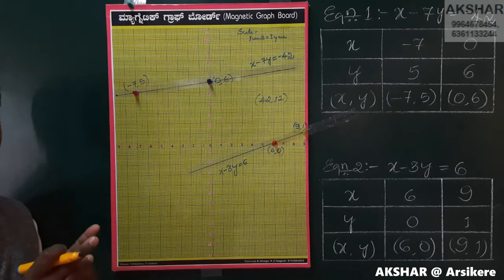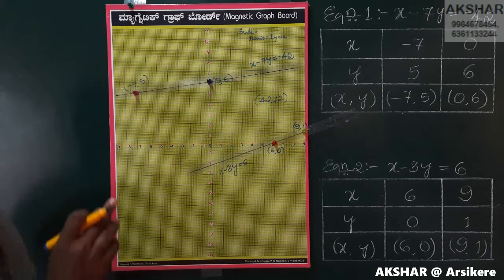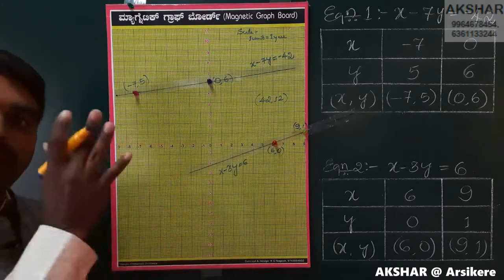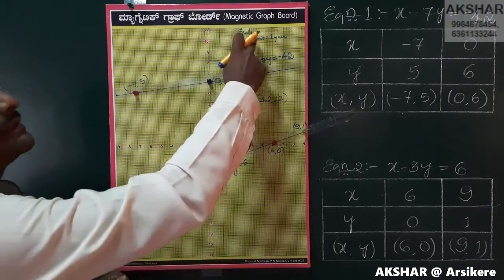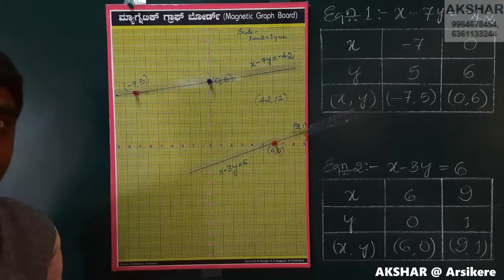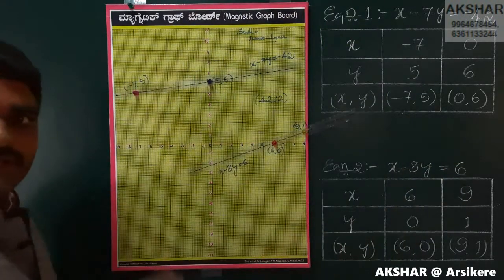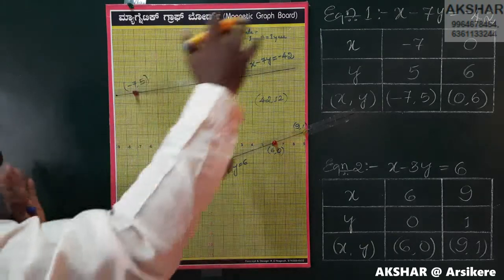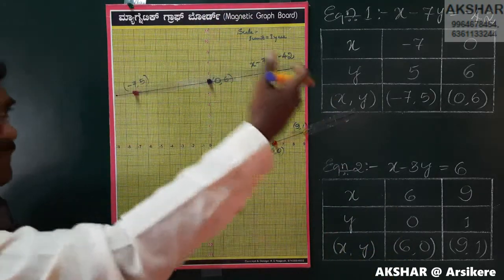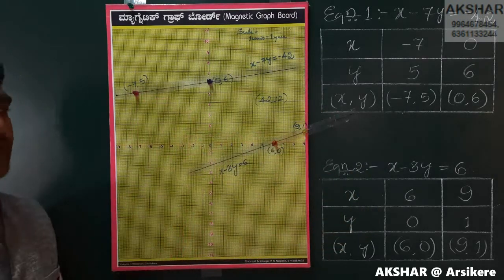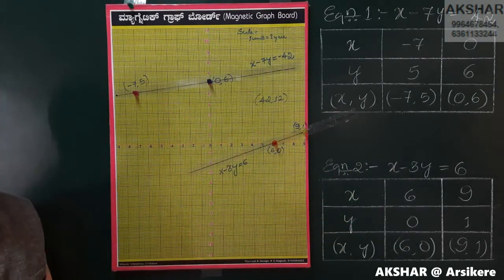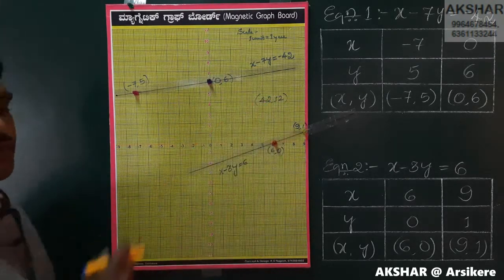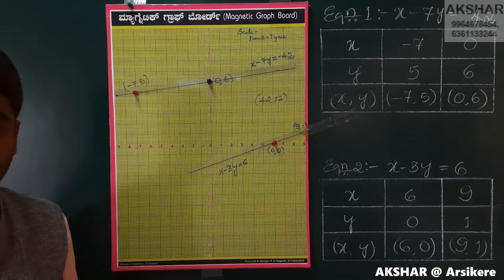Try it at home, my dear children. Draw the graph as it is, practice it, and then change the scale, or else take a big graph sheet. If you don't want to change the scale, take one big graph sheet and plot the same points on the same scale. Definitely you will get the intersecting point at the coordinate 42, 12. Okay, my dear children? Yes.